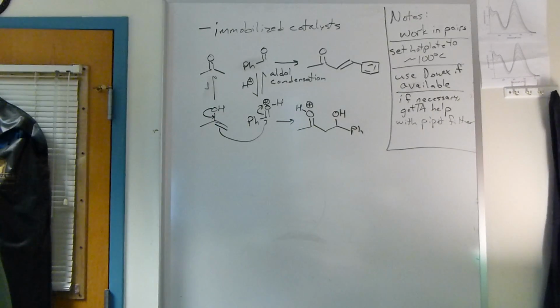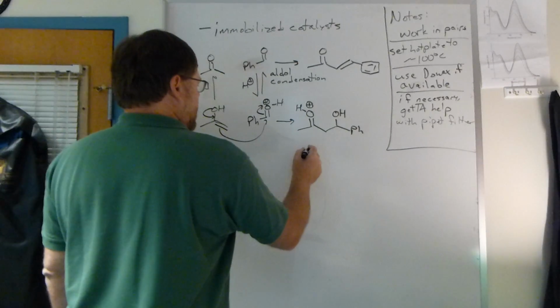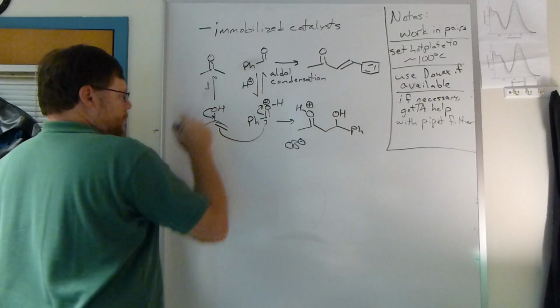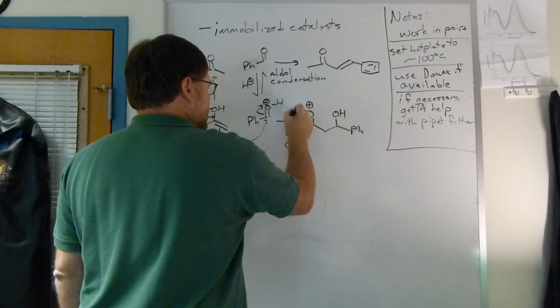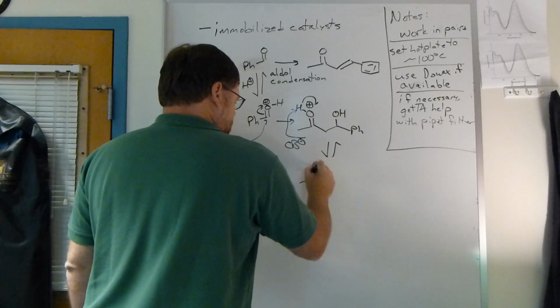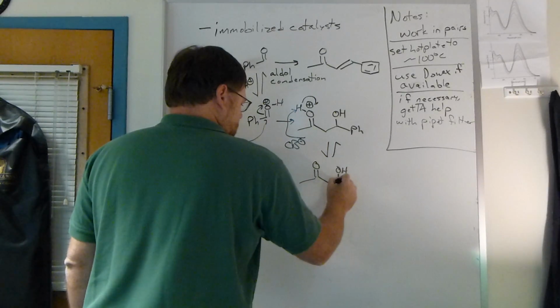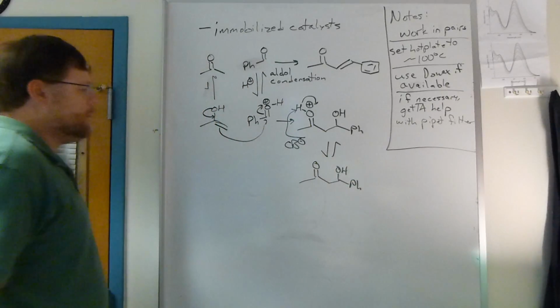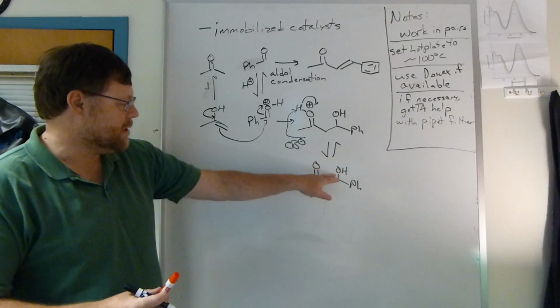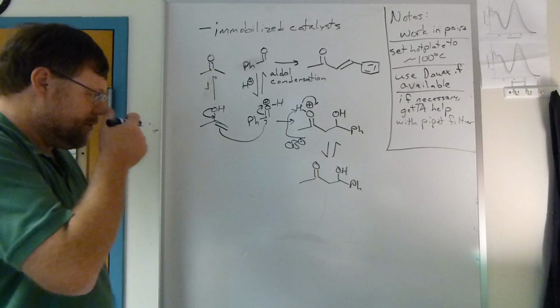There's an intermediate, and then you can lose a proton. There's going to be some conjugate base that went with your proton, and that can take that proton off. All right, so that's an acid-catalyzed aldol.